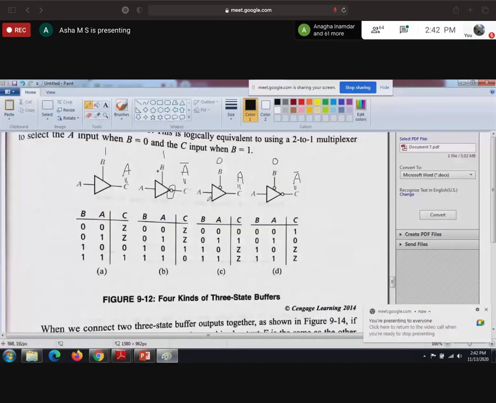Sorry guys. So when B equal to 1, C will be the inverse of A. A is 0, so the value of C is 1.